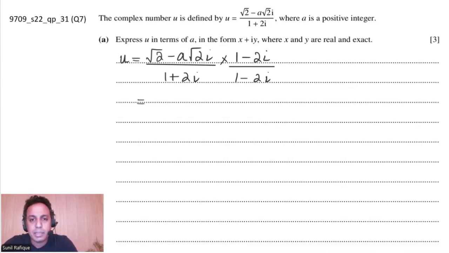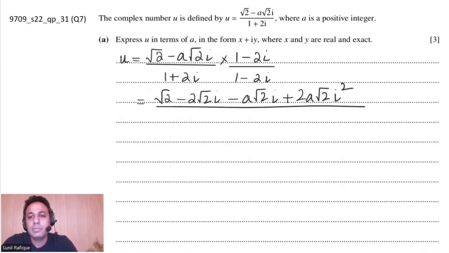Now we multiply the numerators and denominators and then try to separate the real and the imaginary part. So it's going to be square root 2 minus 2 square root 2 iota minus a square root 2 iota plus 2a square root 2 iota squared. Divide the whole thing by, instead of just multiplying the denominators, I can use the identity a squared minus b squared.